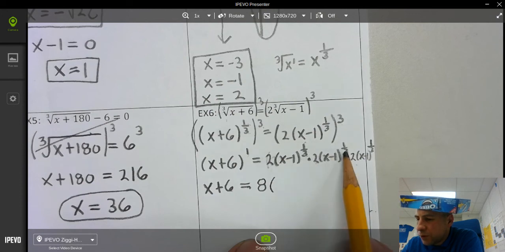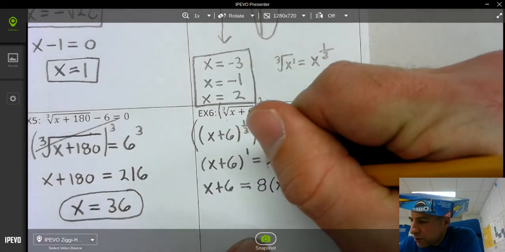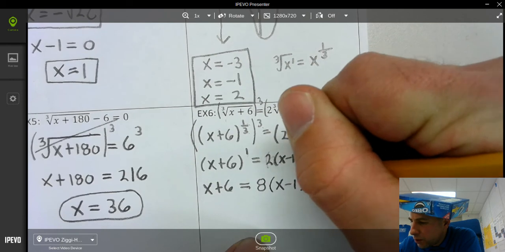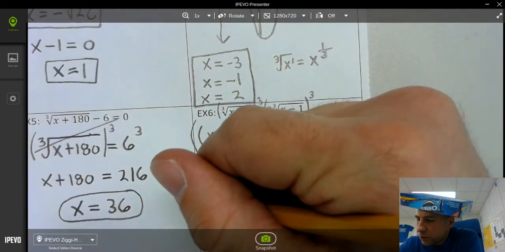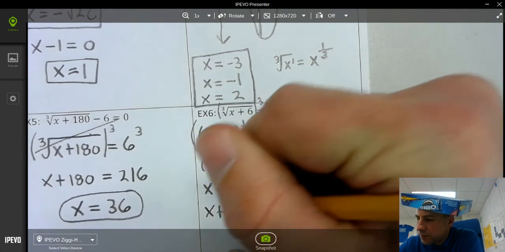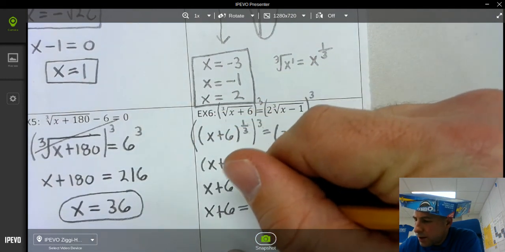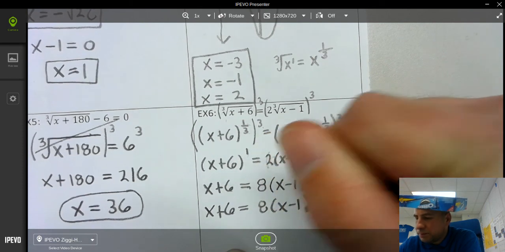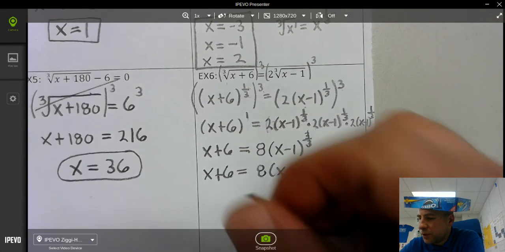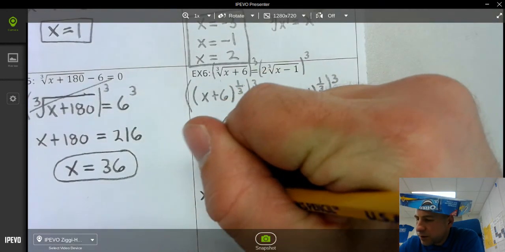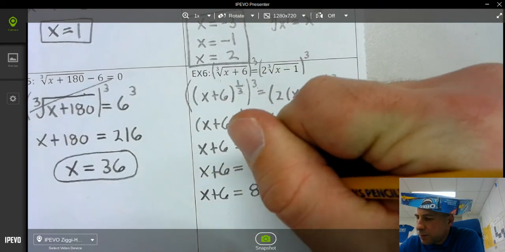So 1/3 plus 1/3 plus 1/3 is 3/3, which we know 3 divided by 3 is 1. So this is x plus 6 equals 8 times x minus 1. Now you just distribute the 8, so you get x plus 6 equals 8x minus 8.